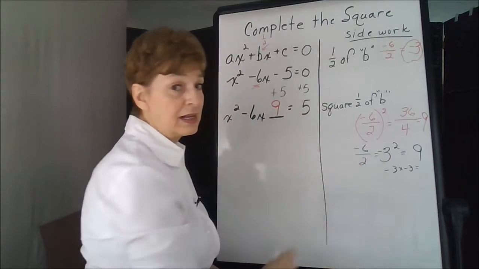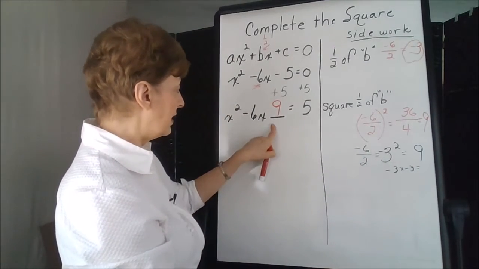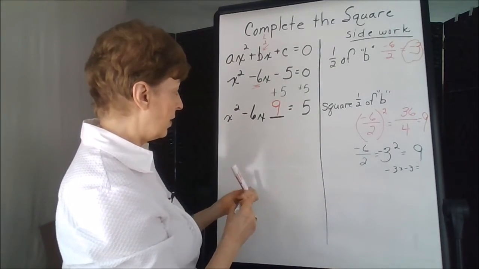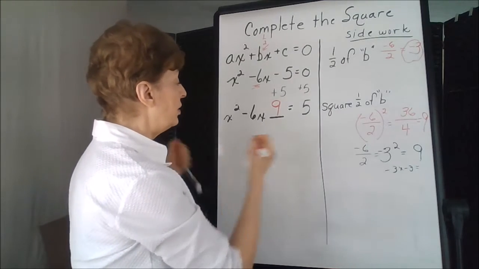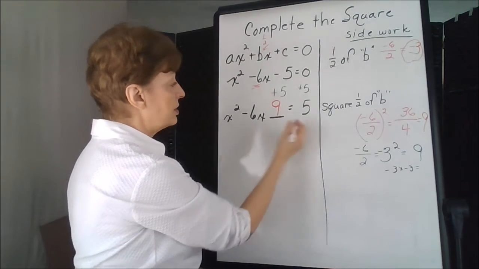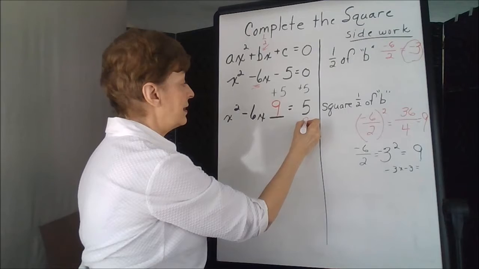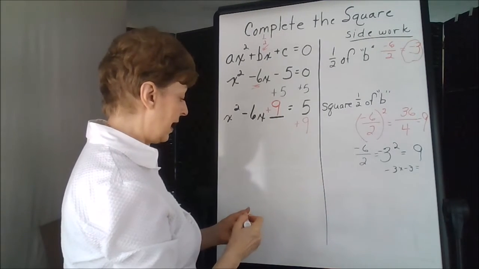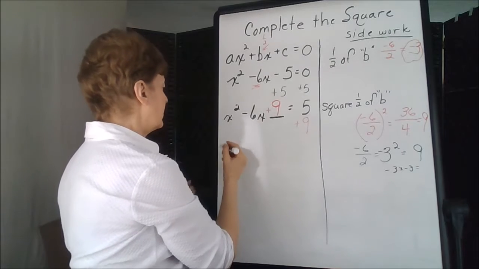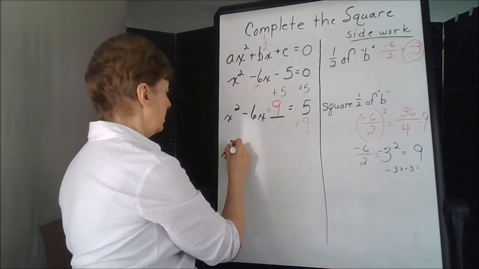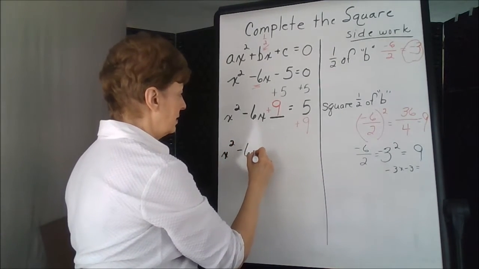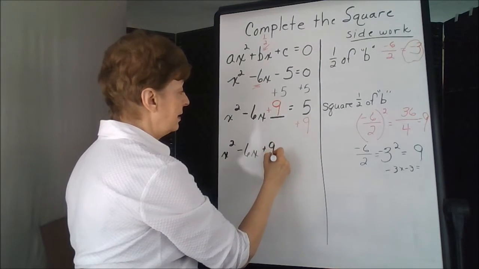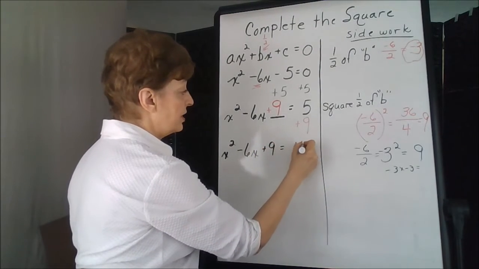Either way to do it is fine. But the 9 now completes the square here, and if you do something to this side of the equation, you must also add to that side of the equation. So now we have x squared minus 6x plus 9 is equal to 14.